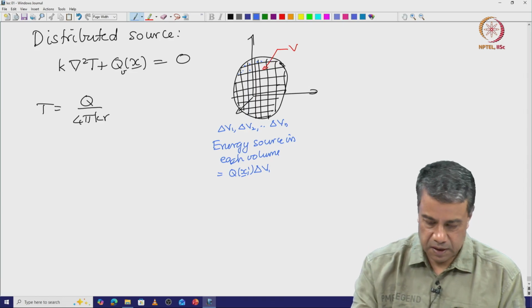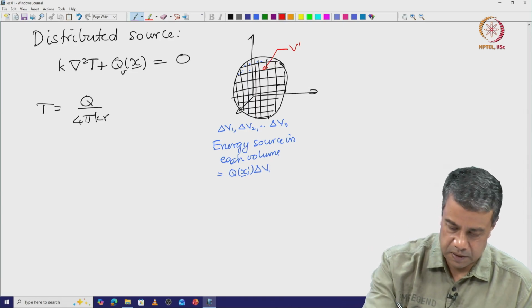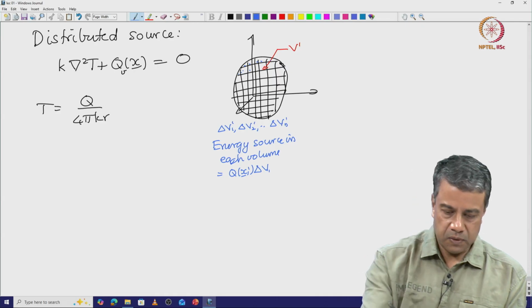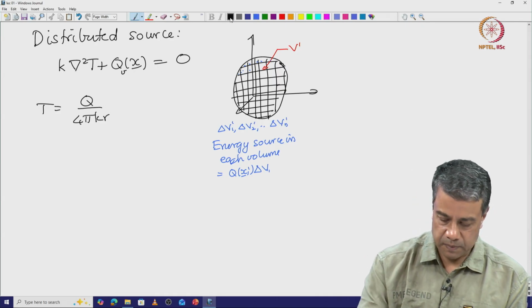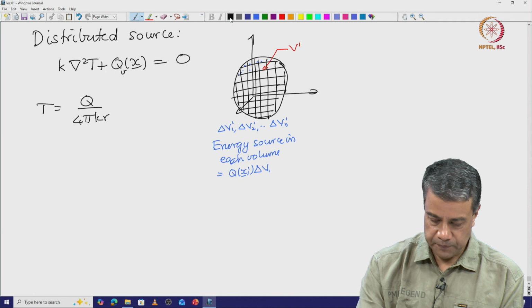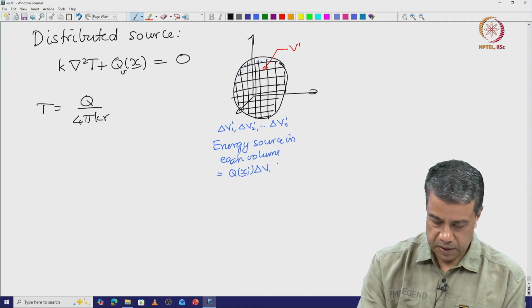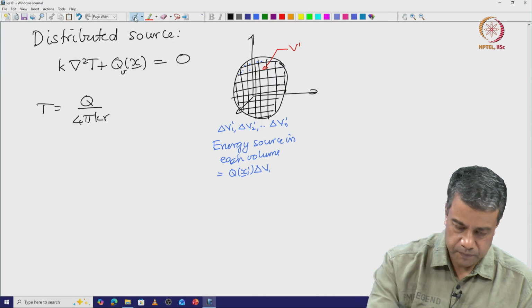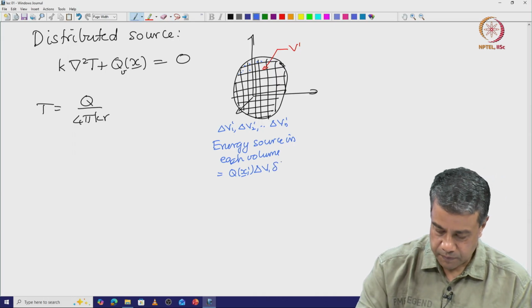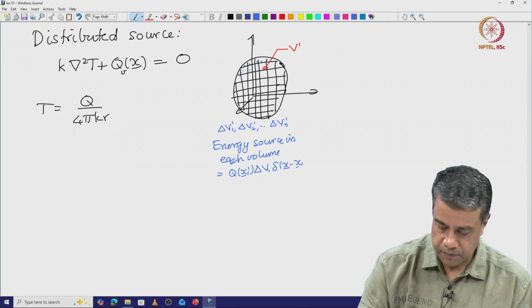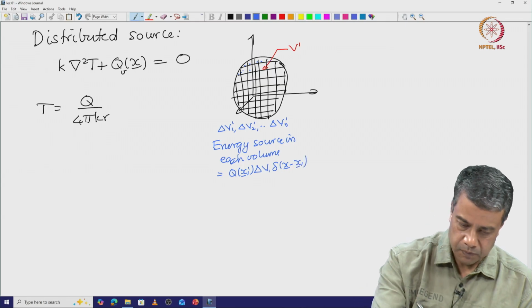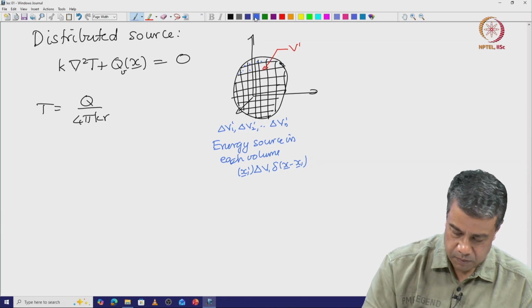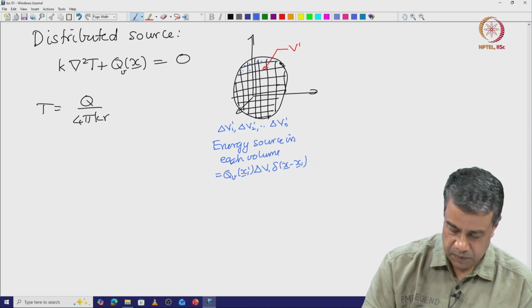I will use a prime for the volume, to avoid confusion later. So Q at x1 prime delta V1 prime times delta of x minus x1 prime.